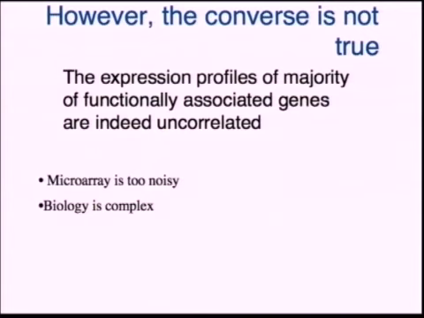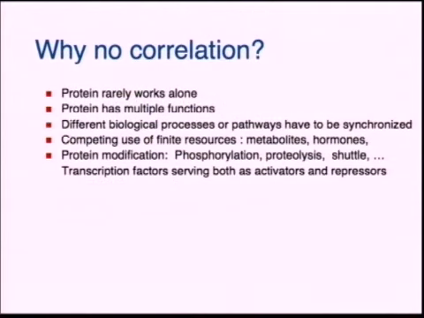And so the sad thing is that biologists simply report the good news and forget about the bad ones. The microarray data are too noisy, and usually you can blame that, but in fact, that should not be the only reason. The other reason is the complex biology involved.